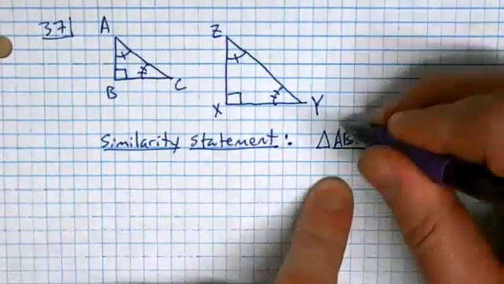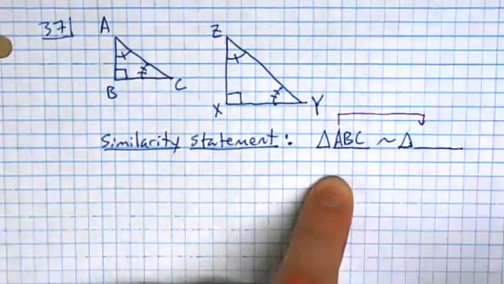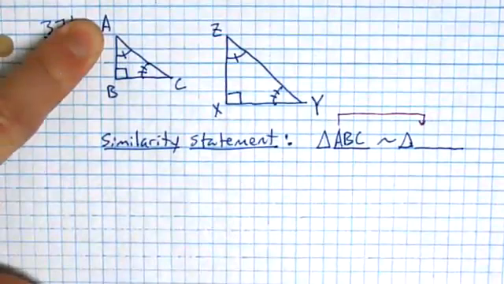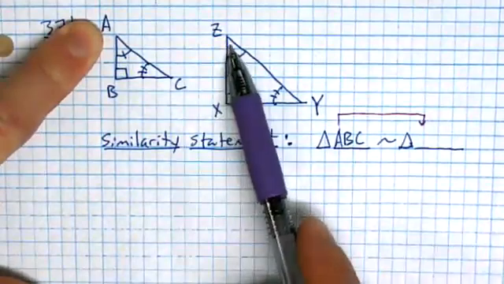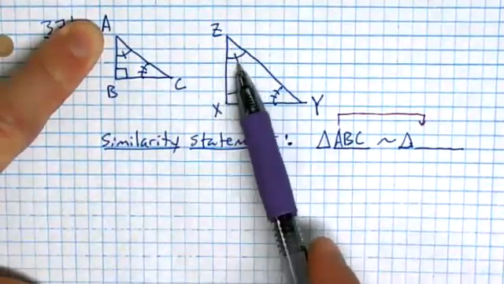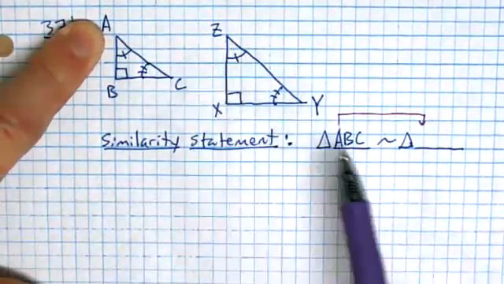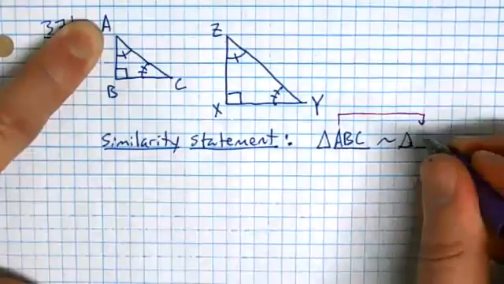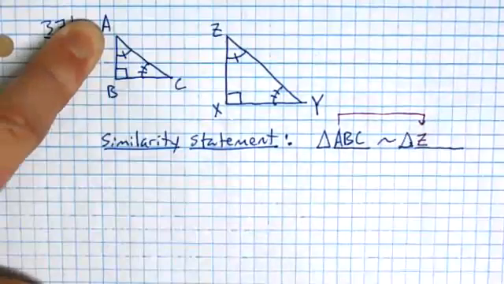So I want you to look for me at A. A is this point right up here. In my other triangle, which point corresponds to A? Z. Z is the other one that has the angle with the single tick mark. Since Russell chose for A to come first here, then we have to put Z first over here.